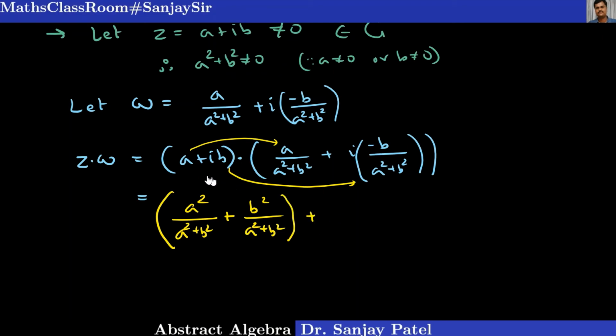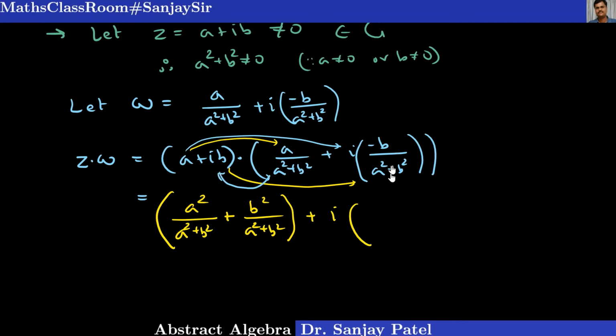What I have written is AC minus BD plus i times, for the second component, that is the imaginary part of this product, AD plus BC. This is to be done.